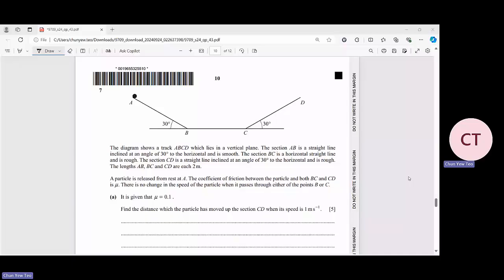Okay, now we take a look at question number 7. The diagram shows a track ABCD in the vertical plane. The section AB is a straight line inclined at an angle 30 degrees to the horizontal and is smooth. This is smooth. The section BC is a horizontal straight line and is rough.